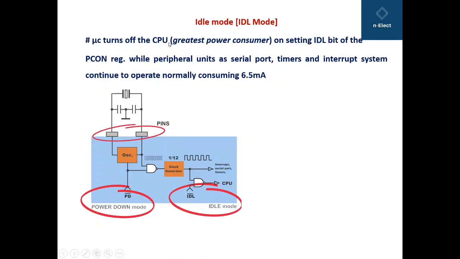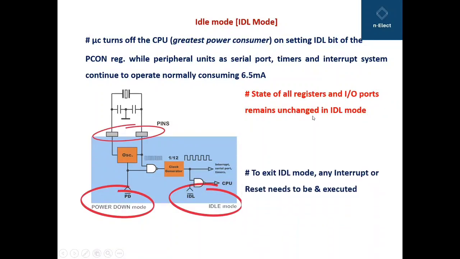It turns off the CPU, which is the greatest power consumer, on setting the IDL bit, and this IDL bit belongs to the PCON register, as we already saw. While peripheral units such as serial port, timers and interrupt system continue to operate normally, which consumes 6.5 milliampere of current. The state of all registers and IO ports remain unchanged in idle mode.